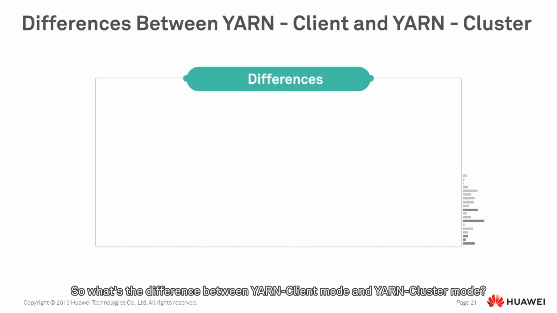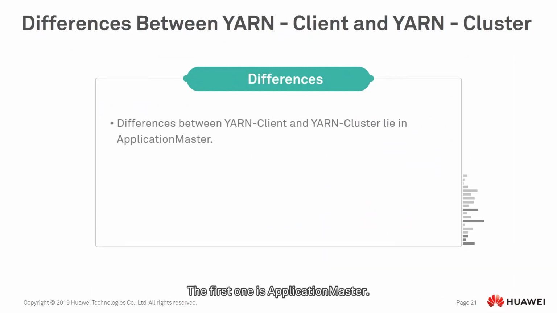So what's the difference between YARN client mode and YARN cluster mode? The first one is Application Master. In YARN cluster mode, driver runs in Application Master, which is responsible for applying resources from YARN and monitoring the running status of a job. When a user submits a job, client can be closed and the job continues running on YARN.